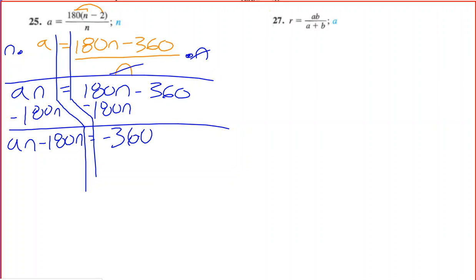So notice how we have An and negative 180n on the same side of the equal sign. Well, that's really helpful because this is going to allow us to factor out the n. So n is part of both of these, so that's the same thing as saying n times A and n times negative 180. So notice how n times A is An, n times negative 180 is negative 180n.